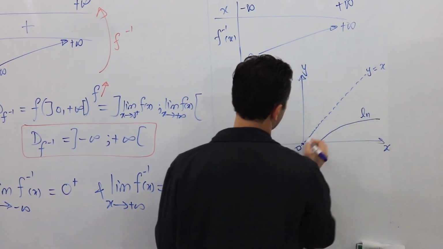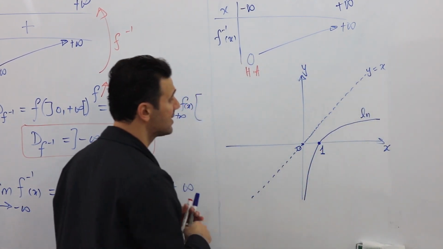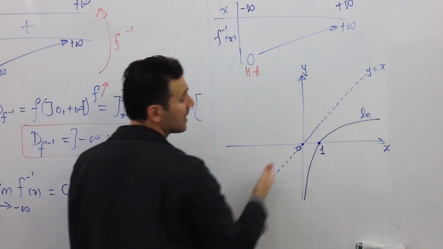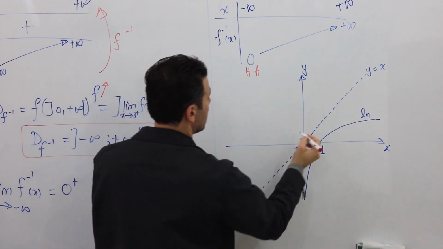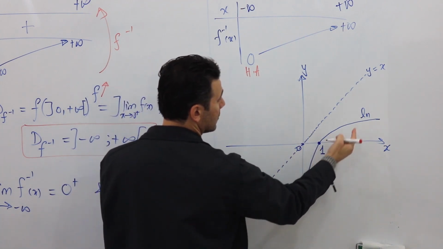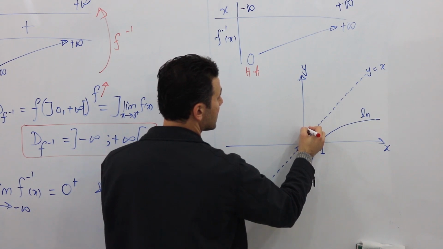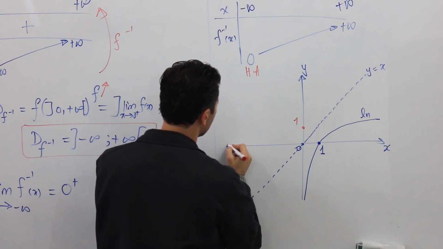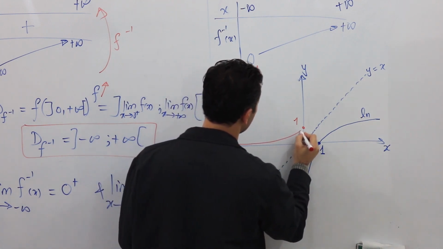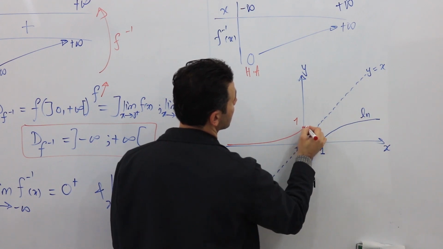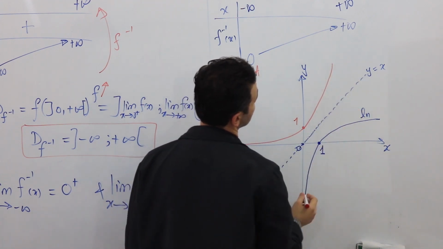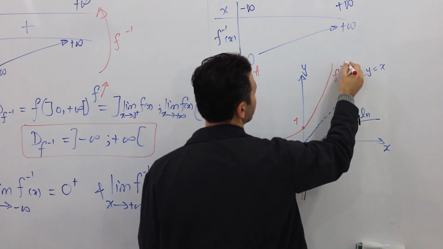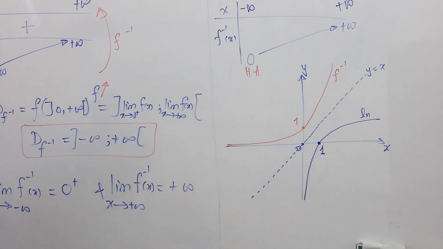There is a symmetry between ln x and its inverse. This will act as a mirror. So we have 1, 0 belongs to the curve of ln, thus 0, 1 belongs to the curve of its inverse. And by this, we can deduce that its curve will be symmetric to this curve. Somehow, this is the curve of f inverse.